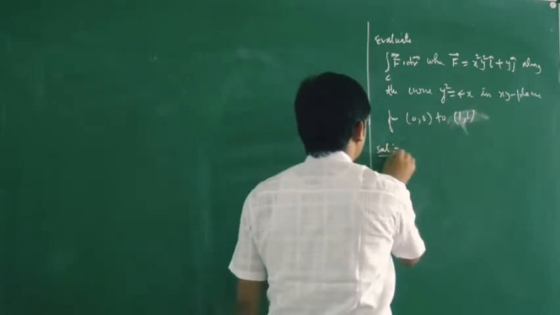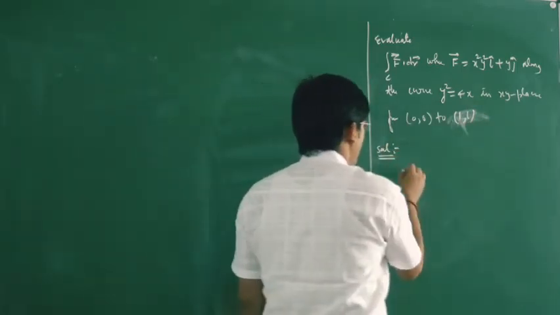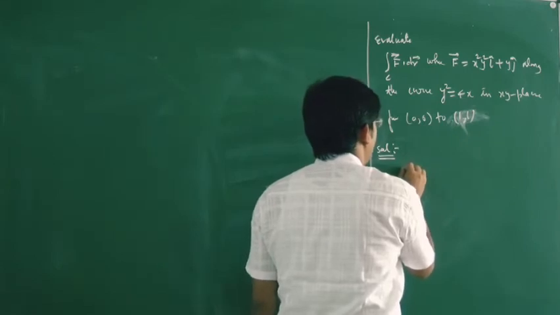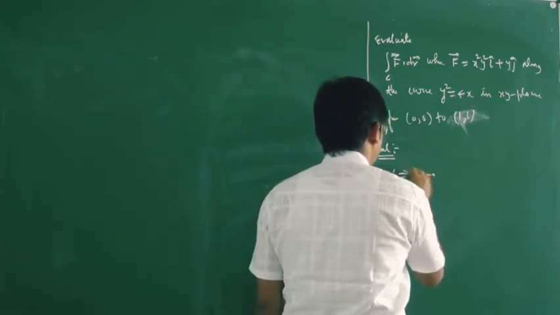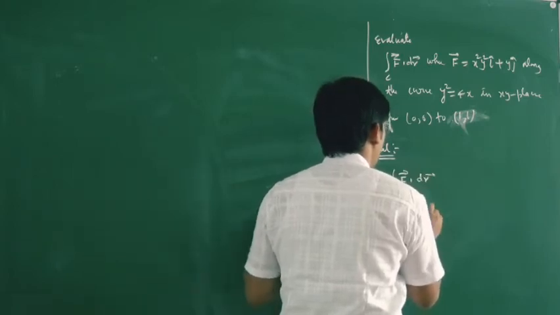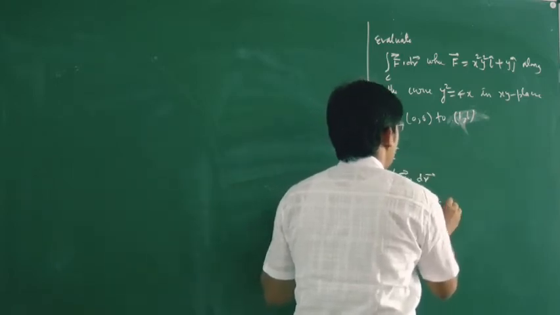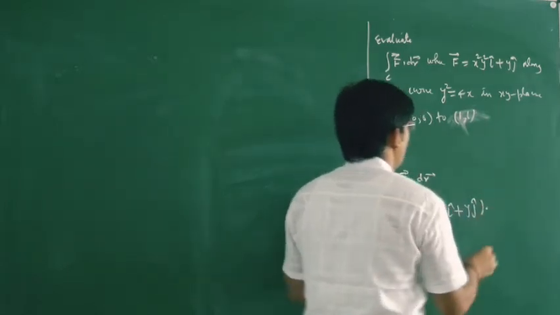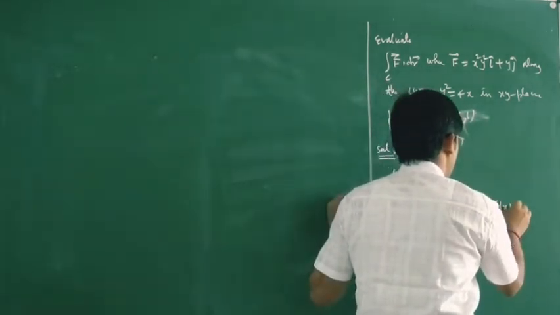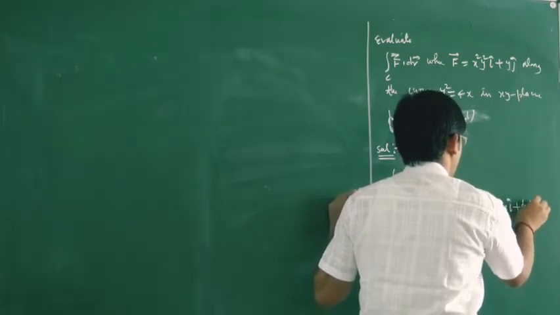Solution. Here we have the integral of f dot dr equal to, we just put the value of f, x squared y squared i plus y j dot dr. Now your dr will be dx i plus dy j.